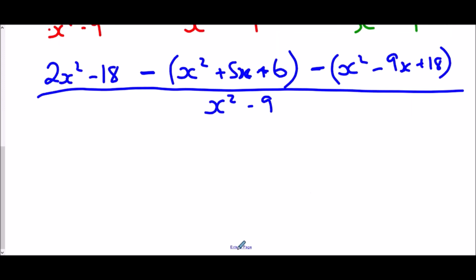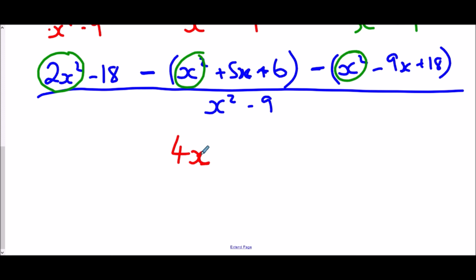So finally, let's do some simplifying. In terms of the x squareds, I've got 2x squared, take away x squared, so that's 1x squared, take away another x squared, means we've got no x squared, so the x squareds have gone. If I look at the x's, I have negative 5x, take away negative 9x, so that's negative 5 plus 9, so I have 4x.